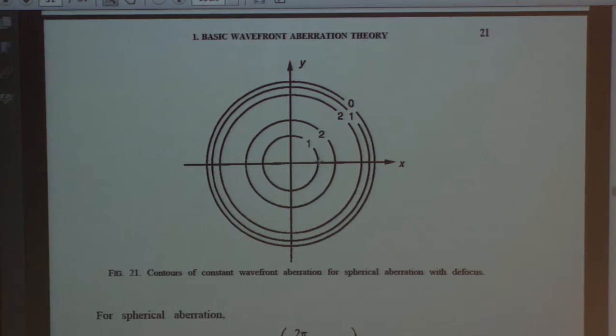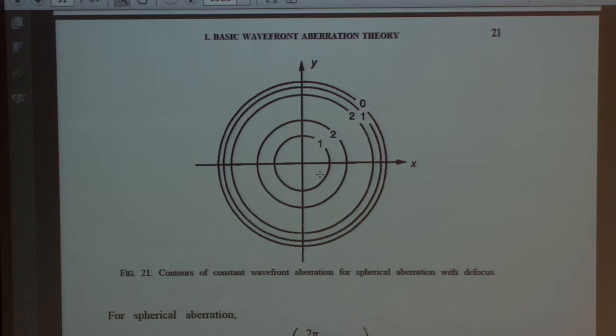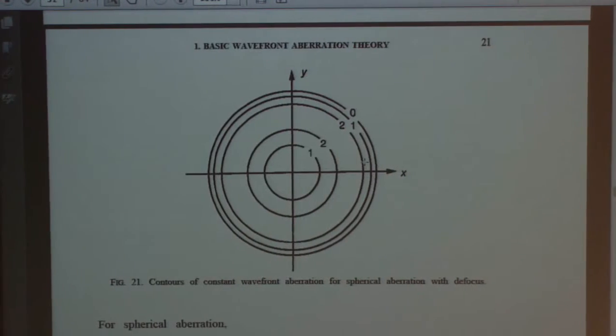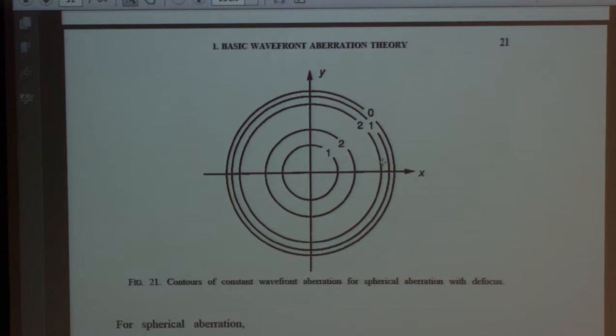So in the center here, defocus goes as rho squared. Remember, rho is normalized to 1. So the center portion is mostly set by the defocus term, and then as we get out here, the spherical takes over. And so the wavefront, as I put in this minus 1.5 rho squared, would go up like this and then back down.